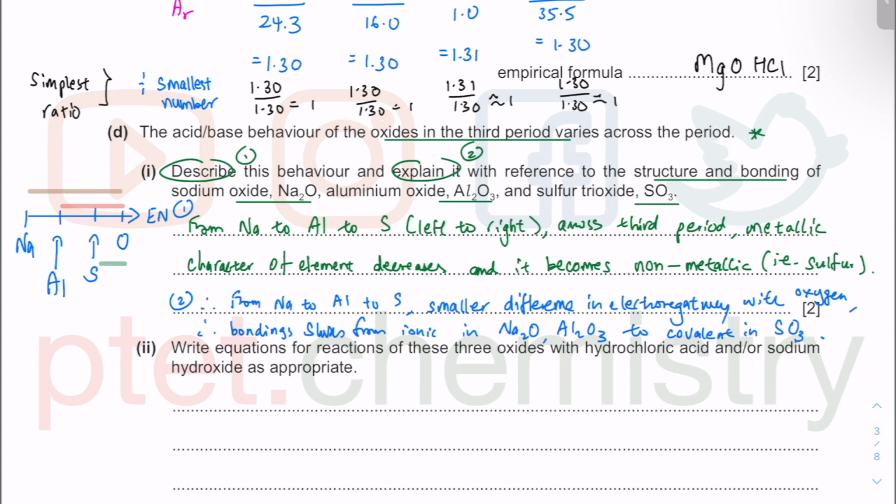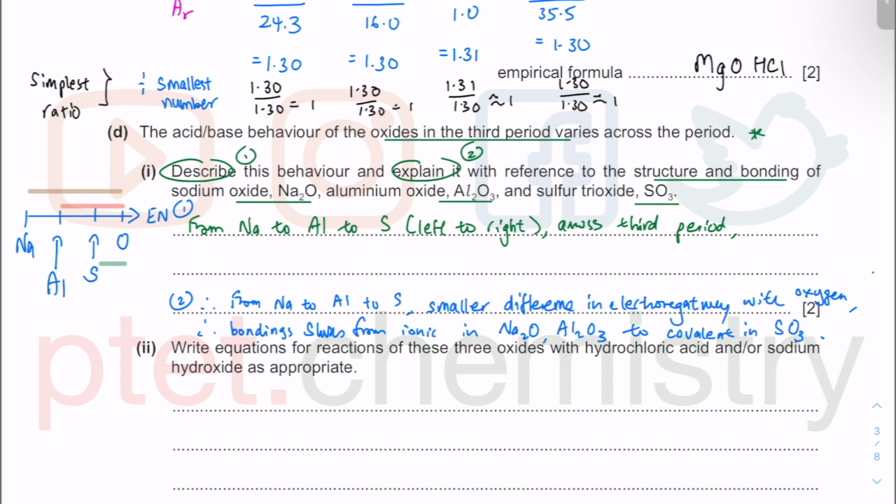So I haven't even been able to describe the behavior yet. I should probably try to describe the behavior, right? So metallic character decreases. Maybe I can say, I'm trying to save some space here. It's quite important to actually be able to plan your answer properly, right?